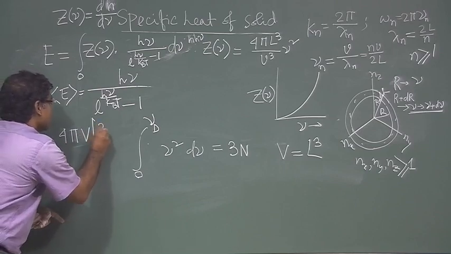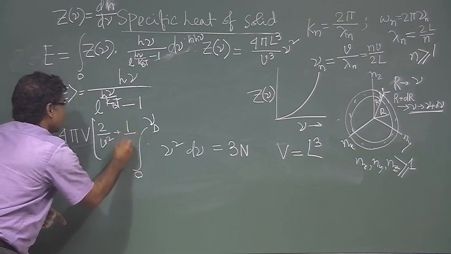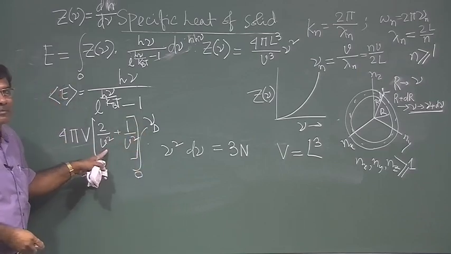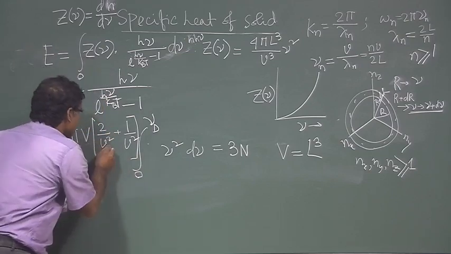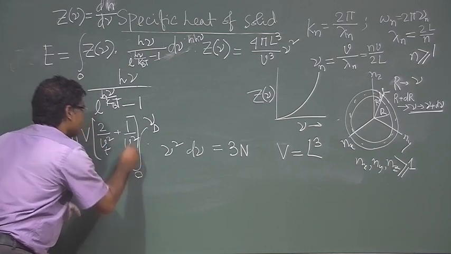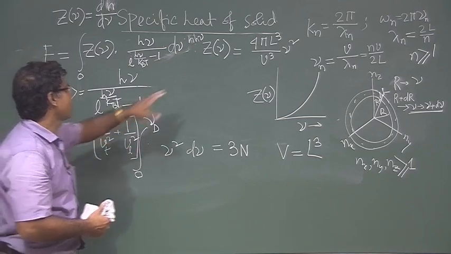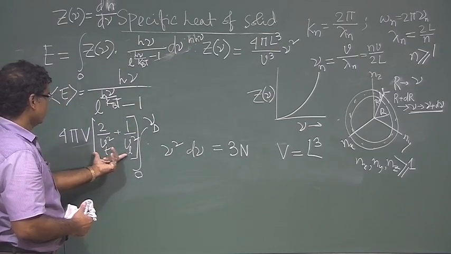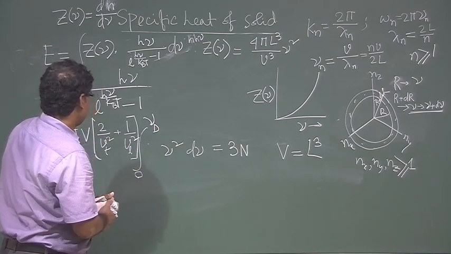So, I am writing 2 by v square plus 1 by v square, since the velocities are different for transverse and longitudinal. So, 2 are transverse, so here the velocity I am writing v t, and here the velocity I am writing v L, longitudinal. So, since they are different, we can replace 1 by v square by this. Okay. Then fine. So, from here if you differentiate it, what will you get?